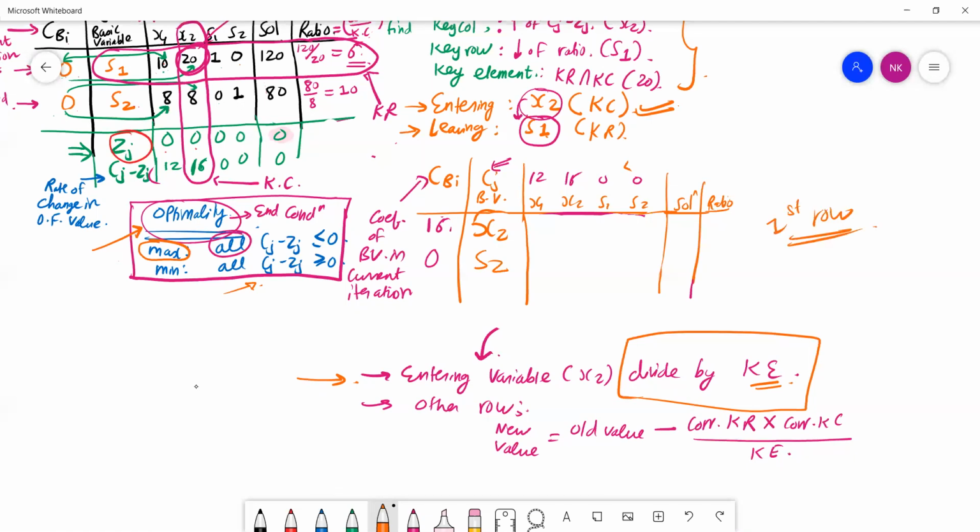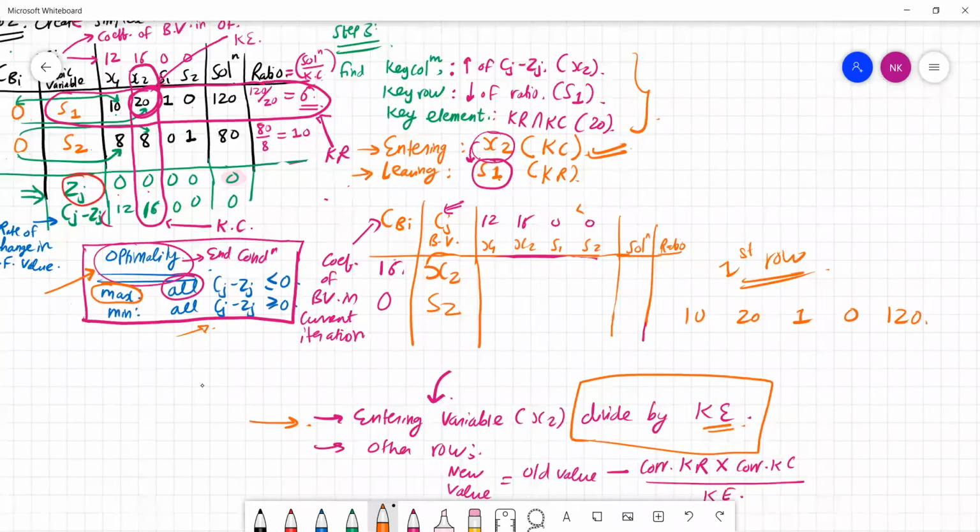Which are the values that are present in the first row? It's nothing but 10, 20, 1, and 0. And the solution value was 120. So these were the values present corresponding to your first row in the previous table, in the step number 2 table.